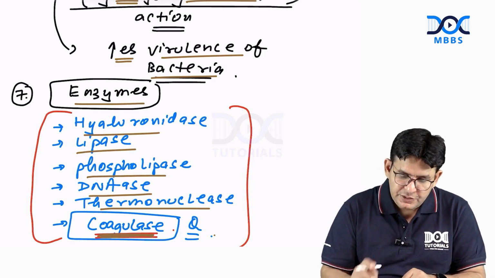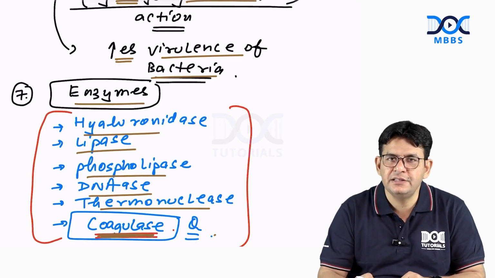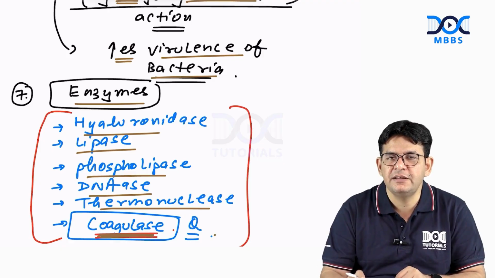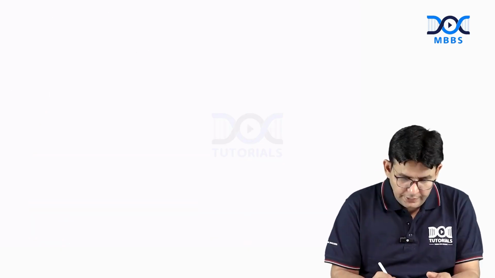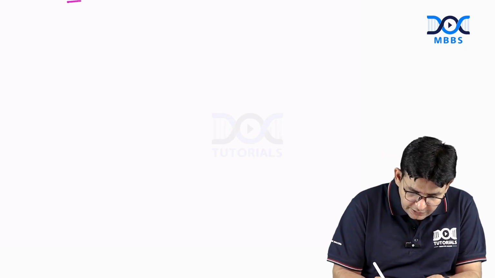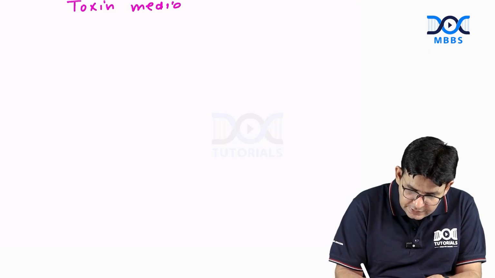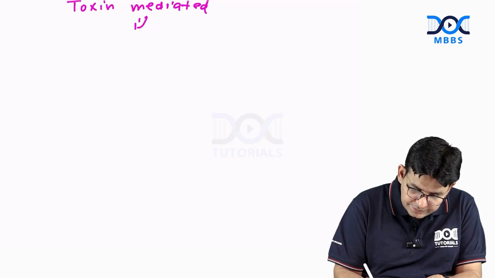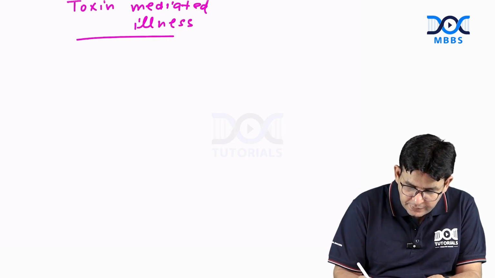Is it fine? So these are the various virulence factors which govern Staph aureus. Now after the virulence factors, we'll focus on the various toxin-mediated illnesses caused by Staph aureus.